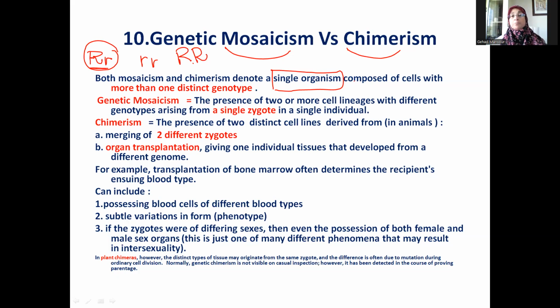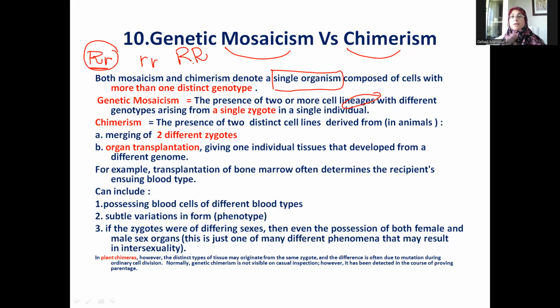This is genetic mosaicism. It is the presence of two or more cell lineages. A lineage is a cell type that is committed to a particular genotype.